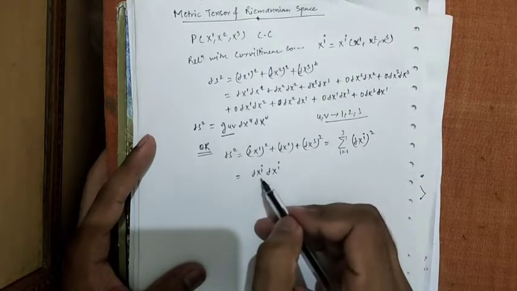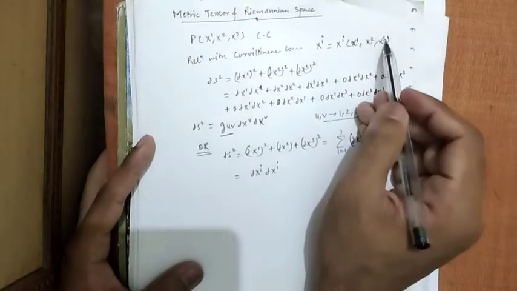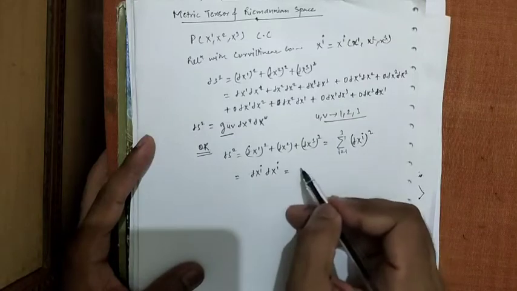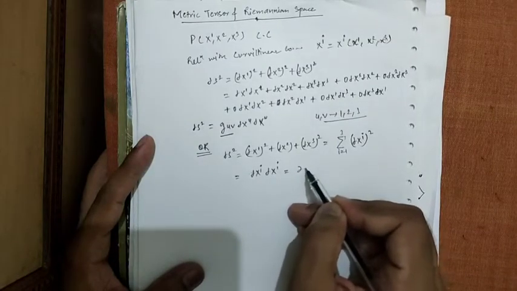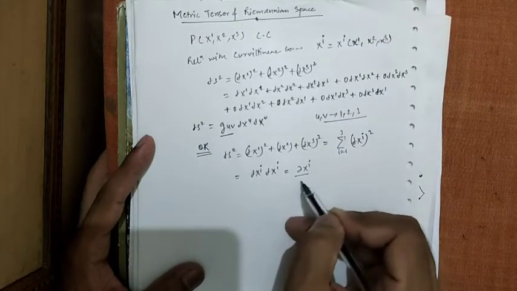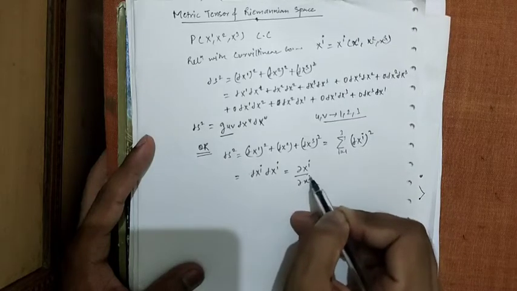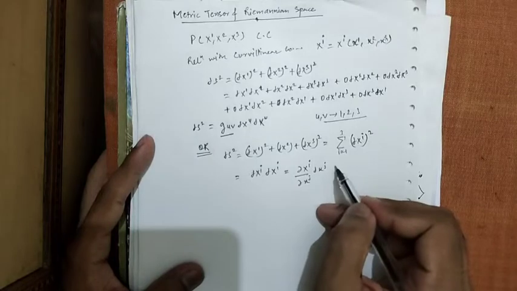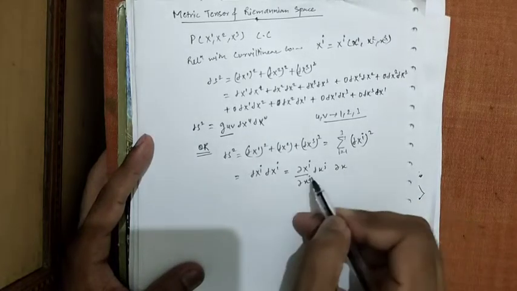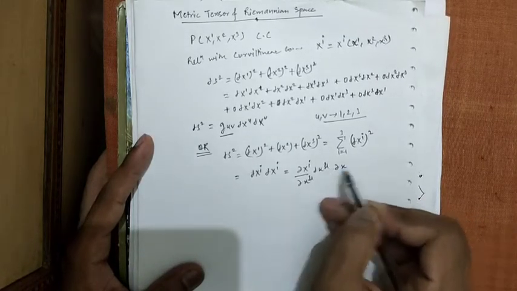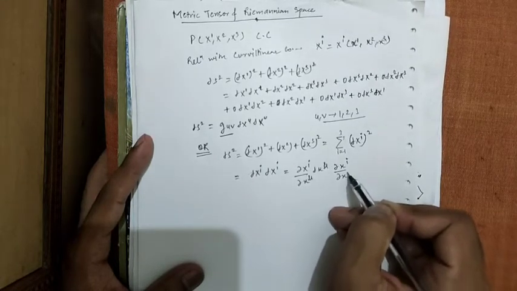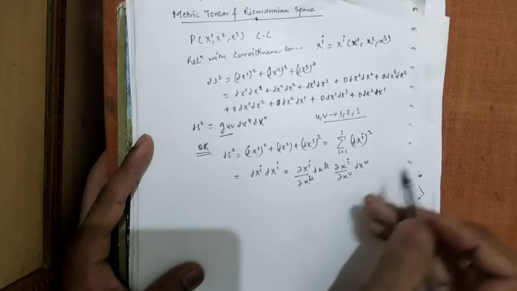So dxi, the differential with respect to the curvilinear coordinates, can be written as the partial of xi over the partial of xu, dxu, and the partial of xi over the partial of xv, dxv.